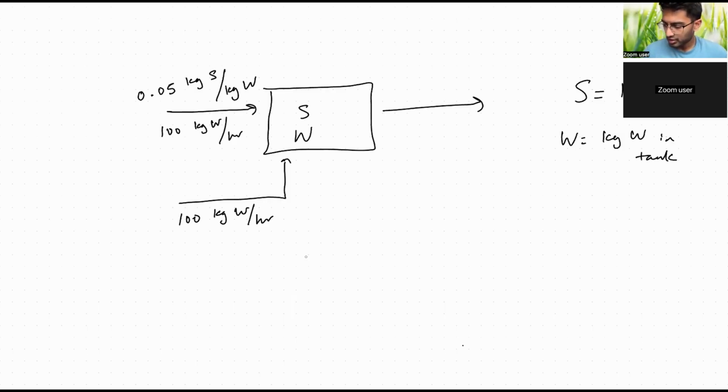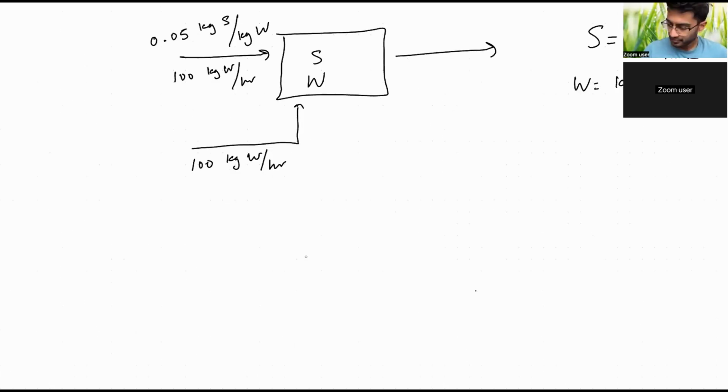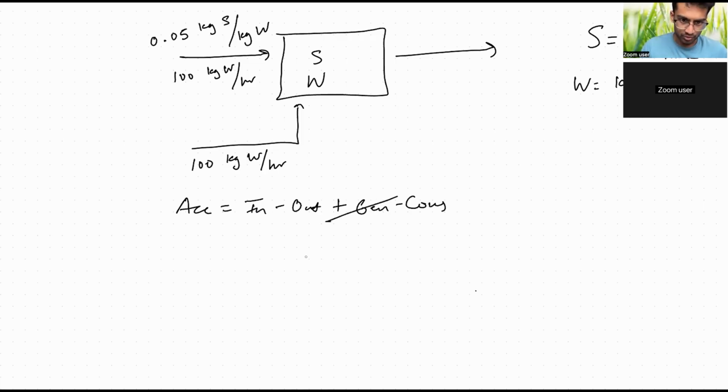So we can set up our mass balances here. We only really need to set it up for two of the systems: we can do it for the salt and we can do it for the water. Again, accumulation equals in minus out plus generation minus consumption. There's no reaction happening, so none of these should have generation and consumption terms. So accumulation equals in minus out. Pretty straightforward.